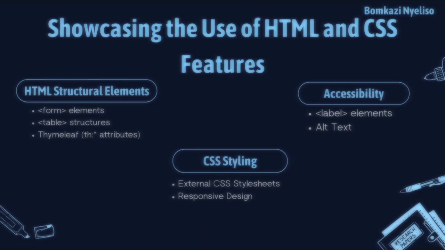And then we have accessibility, and that covers the label elements for inputs that provide clarity for screen readers, improving accessibility. We also have the alt text, which is the placeholder text in certain elements, ensuring context for users navigating by screen readers or alternative text browsers.